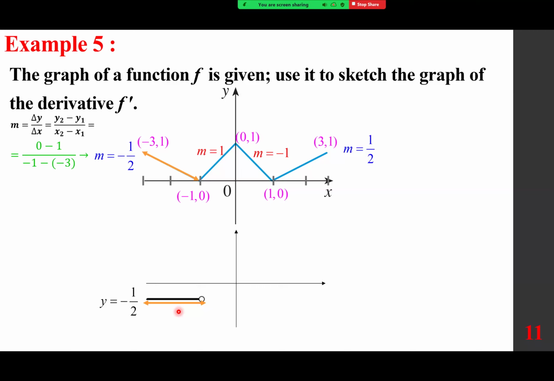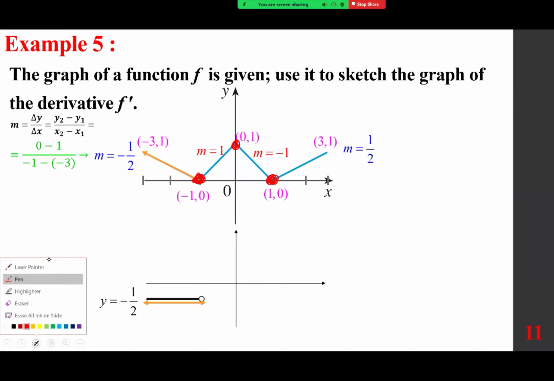And please understand, if this was a line, not a line segment, then you would go with a horizontal line. But it stops here. We don't know what happens at this point. We have a sharp corner, another sharp corner, another sharp corner.